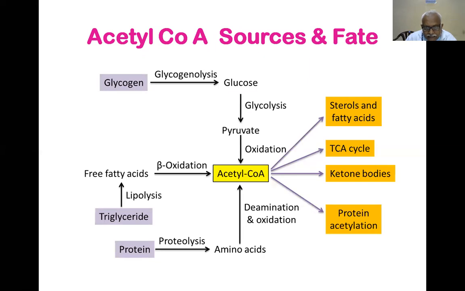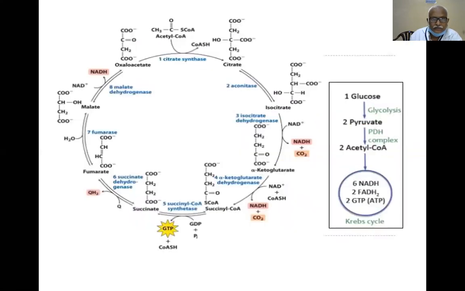Protein by proteolysis is broken down into simple amino acids, and by deamination and oxidation, acetyl-CoA is formed. These are all the various interlinking processes by which ultimately you get a lot of acetyl-CoA. This acetyl-CoA takes part in steroidogenesis, fatty acid synthesis, the TCA cycle, ketone body synthesis, and protein acetylation. So this is the central figure of the TCA cycle.